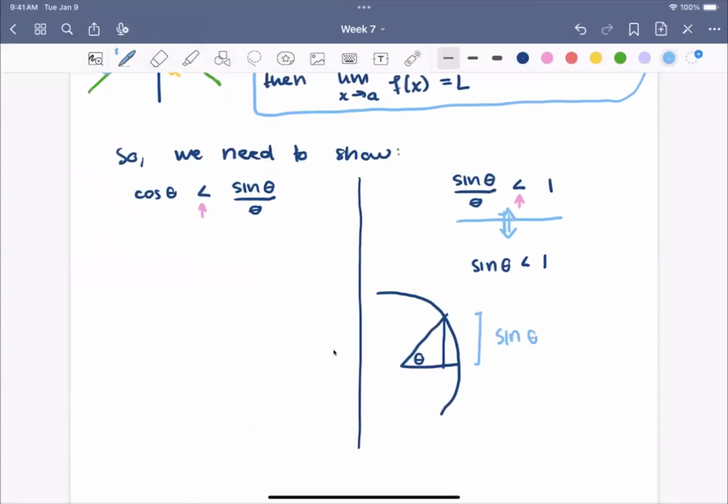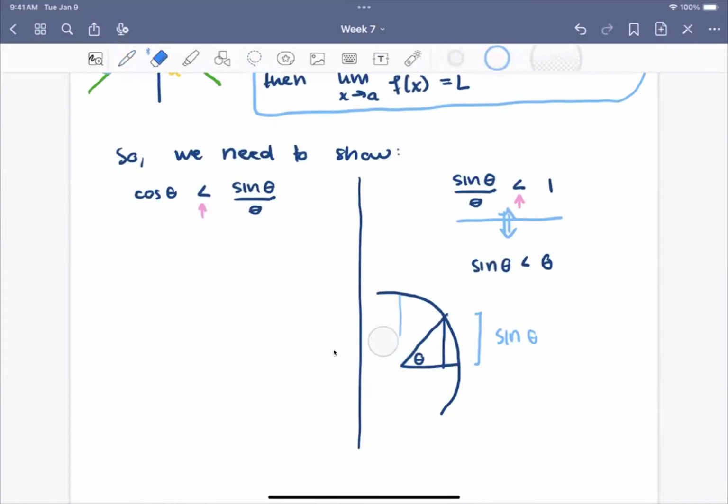And that is at most 1 because that is the radius of this circle, right? So we have that sine theta. Oh, sorry, of course, I meant to multiply by theta. So we need to show that sine theta is less than theta, which is a little bit trickier.